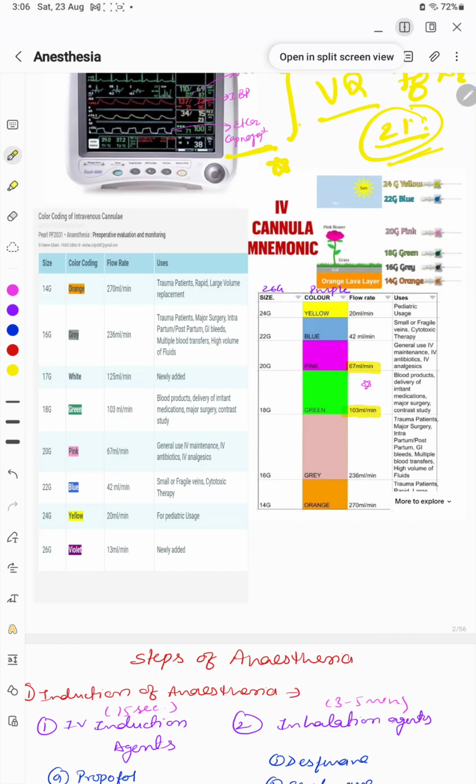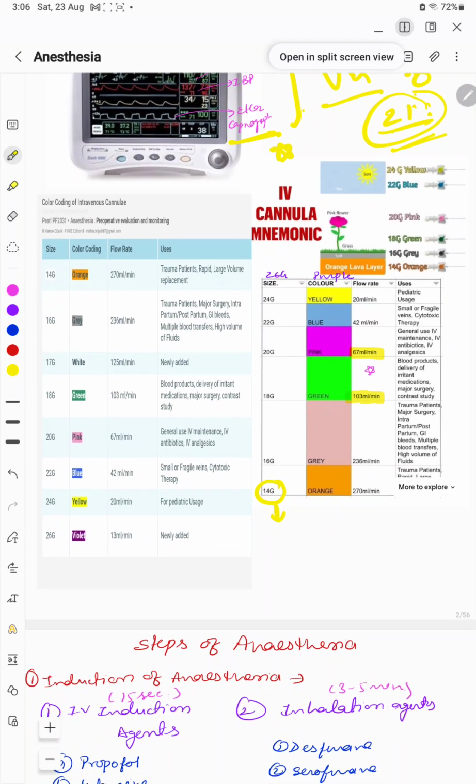You can see the size from 14G, which is the biggest size. You don't go by the number: less number is more size. More size means more width. So 14G is the largest, then 16G, 18G, 20G, 22G, 24G.